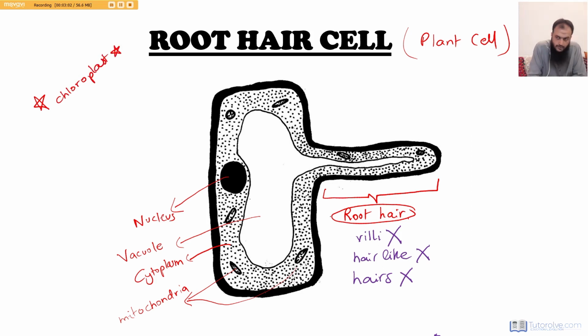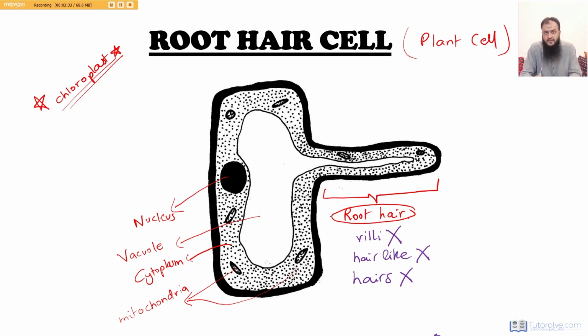Okay, so you can see that the chloroplast is missing, and the reason why the chloroplast is missing, because the root hair cell, remember, although it's part of the plant cell, since it is underground, it does not receive sunlight, so therefore it can't photosynthesize. So remember, this is one of the few cells of plants that do not photosynthesize. Okay, you have to remember this point. This is very important, that the root hair cell does not have a chloroplast.